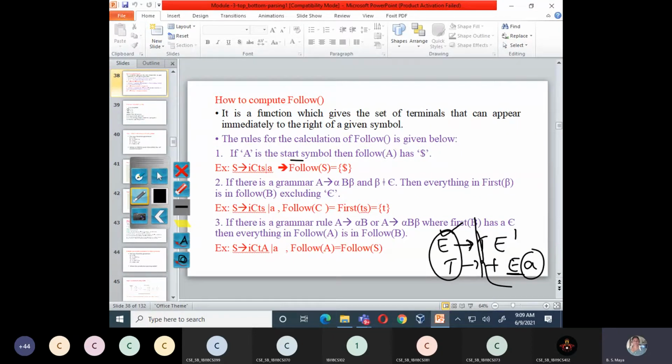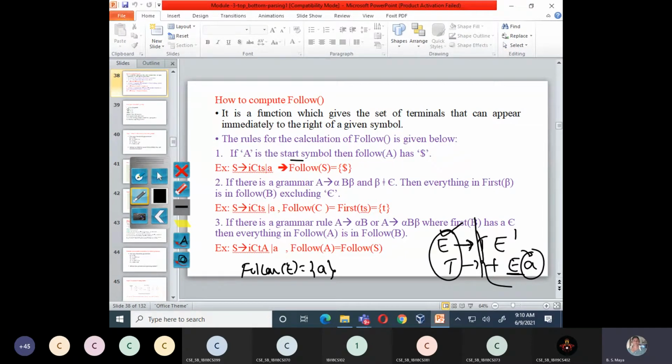After the arrow mark, what am I getting? I am getting A. Then you write follow of E is equal to A. Don't take the left-hand side; visit the right-hand side, and look at the follow of that non-terminal E, which is A. You should write it like this. This way you check your follow sets.